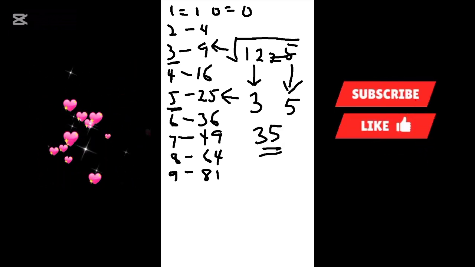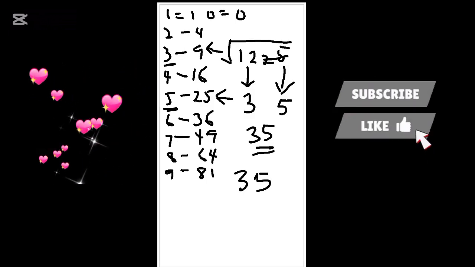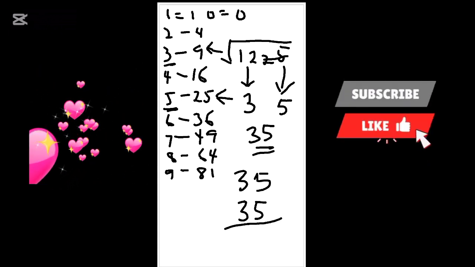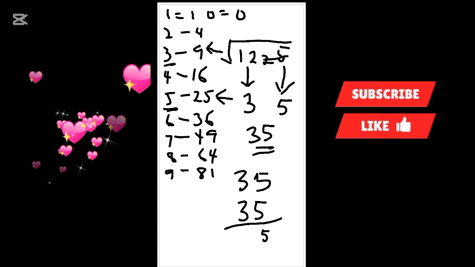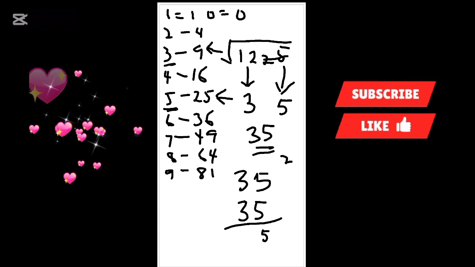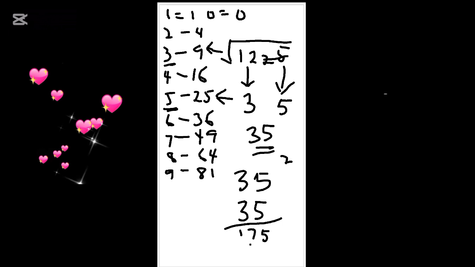If we want to check that, we can easily multiply it. So we multiply it to check. 5 times 5 is 25. 5 times 3 is 15, 16, 17. 3 times 5 is 15.